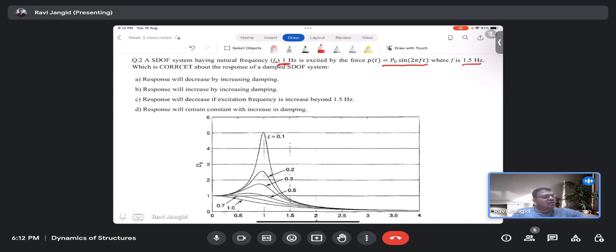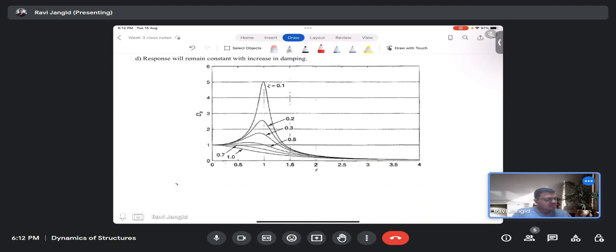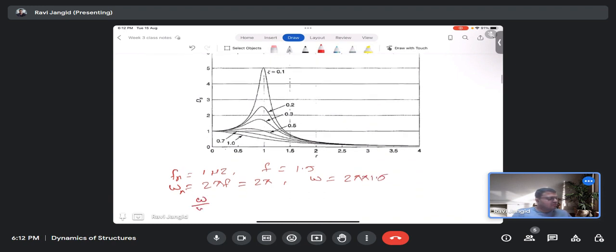So here we have the natural frequency fn as 1 hertz, and f is 1.5. So my omega n is 2 pi f, which I can write as 2 pi, and omega is 2 pi f, with forcing frequency 1.5. So my omega by omega n, if I calculate, will be 1.5, which is on the right side.